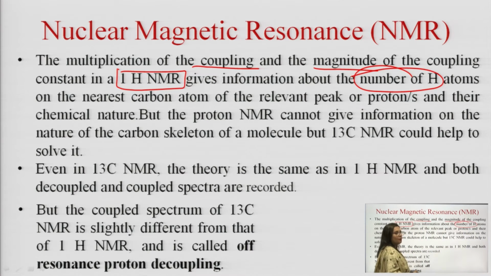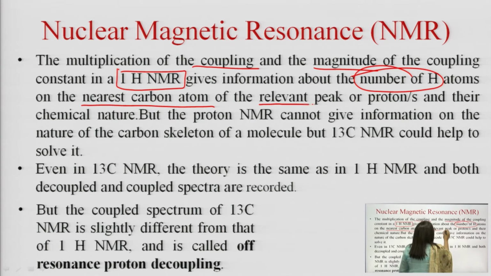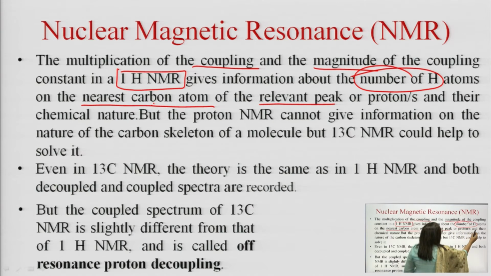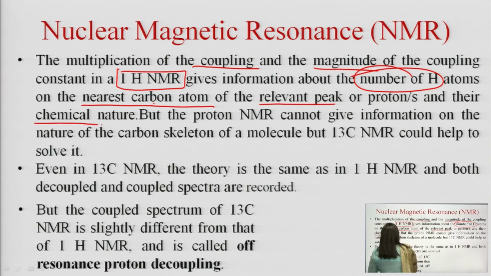It gives information about the number of hydrogen atoms on the nearest carbon atom of the relevant peak, whatever peak has been achieved, the number of atoms associated with that particular carbon, and their chemical nature.